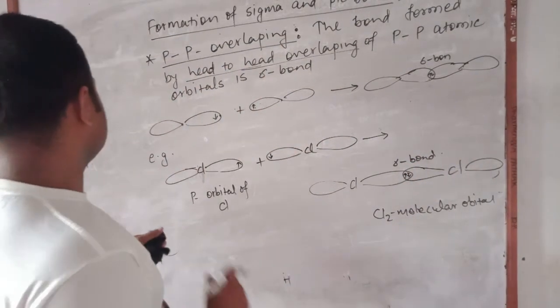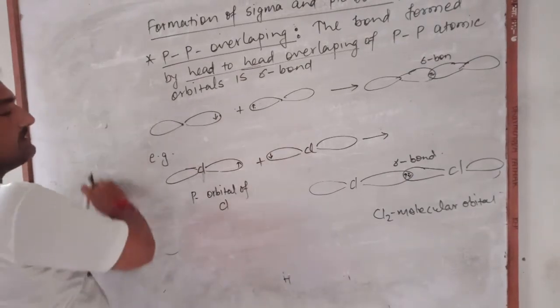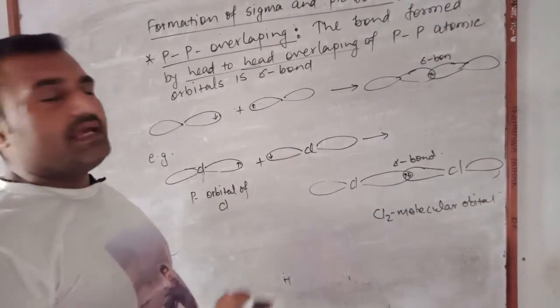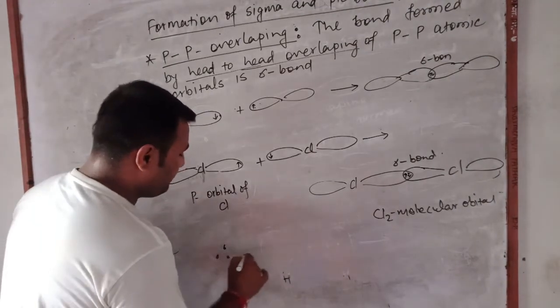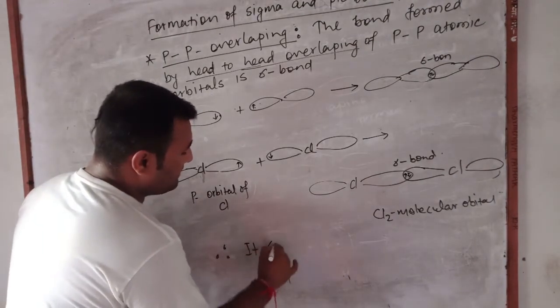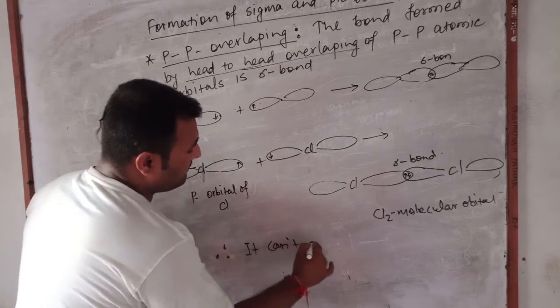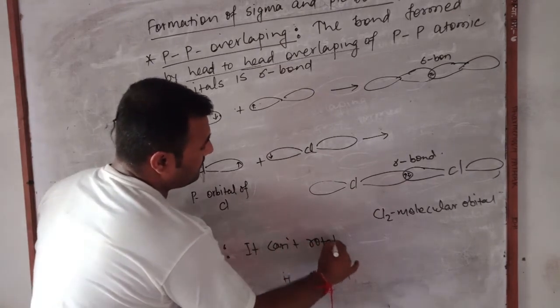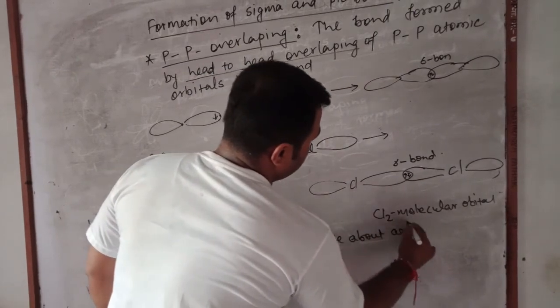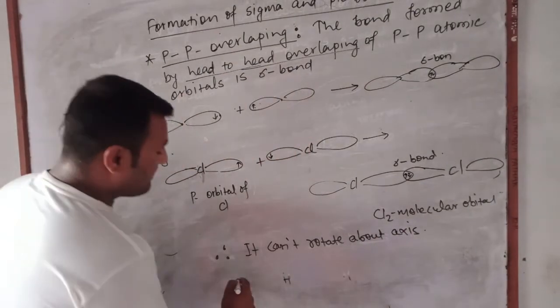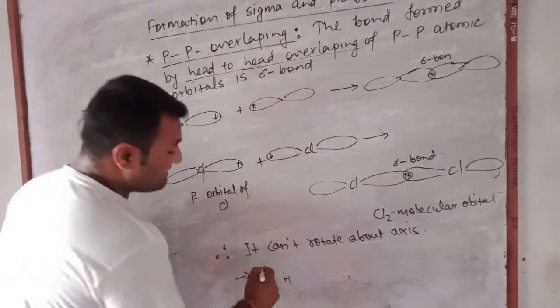In all these three conditions we found that the sigma bond is formed by axial overlapping, and therefore it can't rotate about the axis, and a greater extent of overlapping takes place.